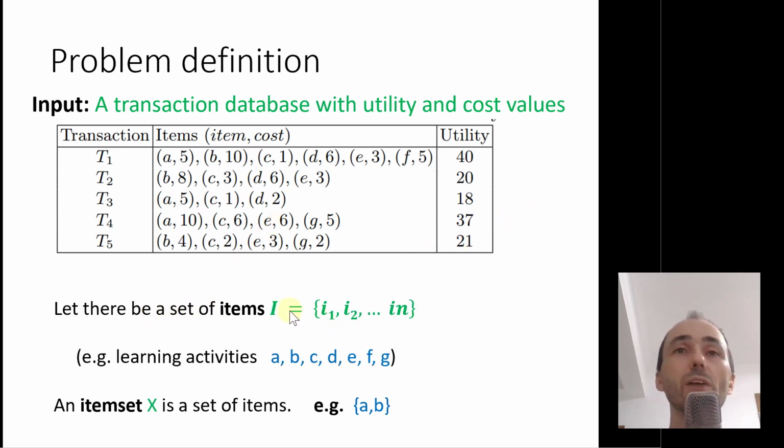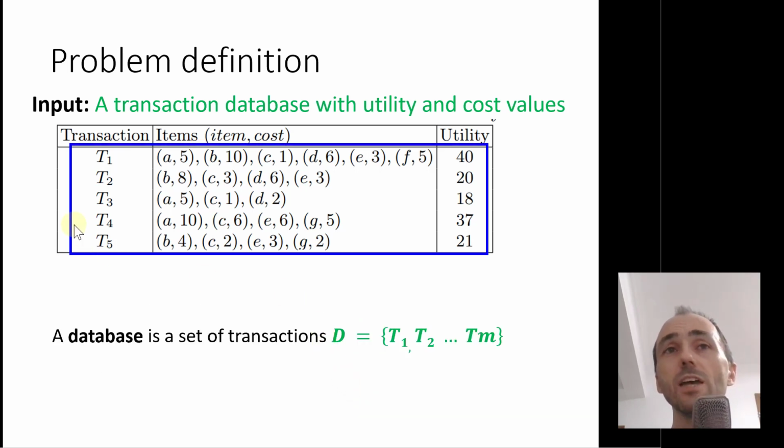Let's say that we have a set of items we call I. So here in my example, it will be some learning activities we call A, B, C, D, E, F, G. And then we say an item set is a set of items like A, B together. Okay, it is, for example, a set of activities that a student could take.